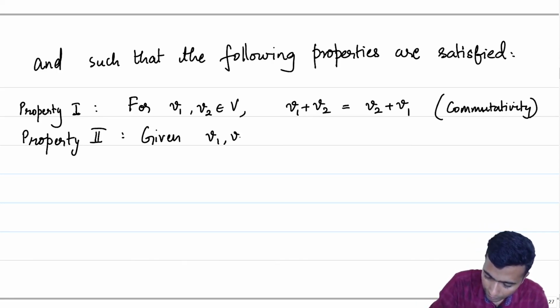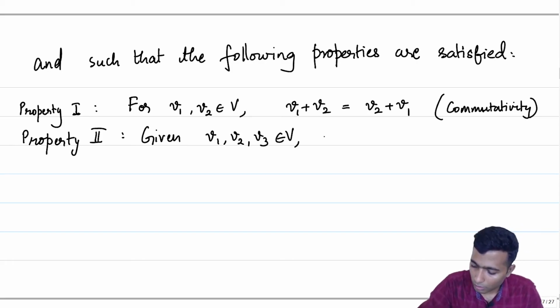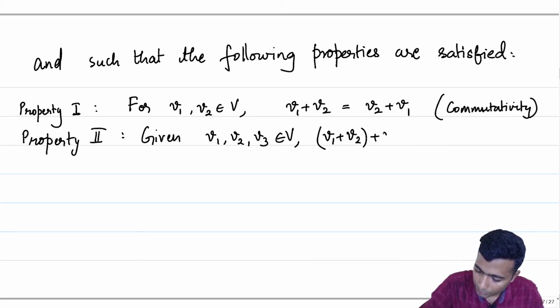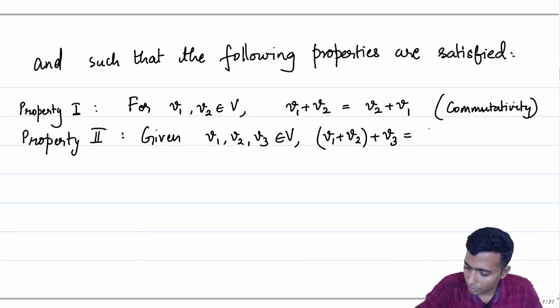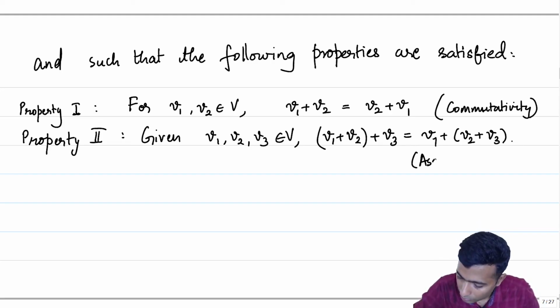Given V1, V2, V3 in capital V, adding V1 and V2 first and then adding V3 shouldn't affect the answer when compared to adding V2 and V3 first and then adding it to V1. This is what is called associativity.